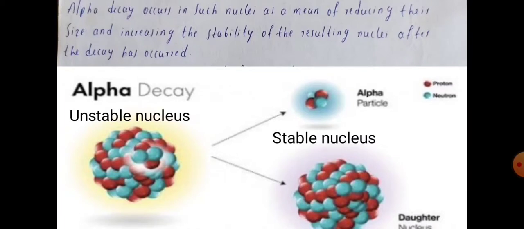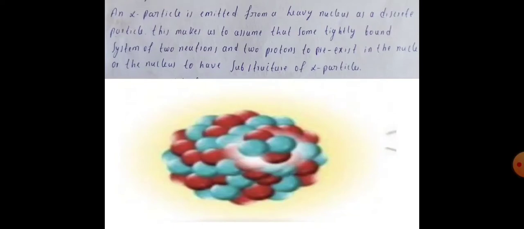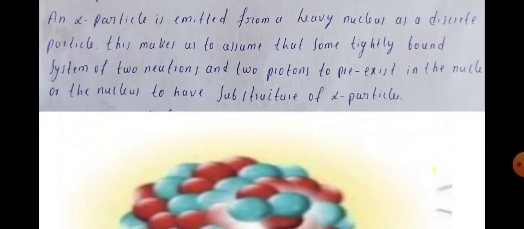Now let us see the next point. The next point is that an alpha particle is emitted from a heavy nucleus as a discrete particle. This makes us assume that a tightly bound system of two neutrons and two protons freely exists in the nucleus, or that the nucleus has a substructure of an alpha particle.